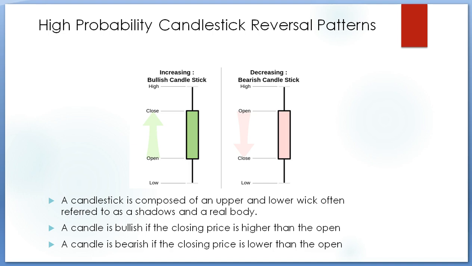Now, candlestick basics. A candlestick is composed of an upper and lower wick and a real body. A candlestick is bullish if the closing price is higher than the opening price. So price starts here and closes here. That is bullish.